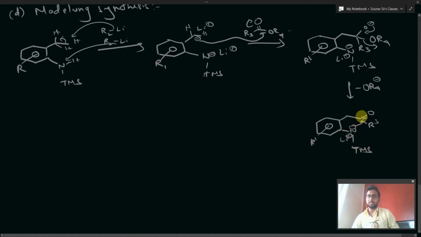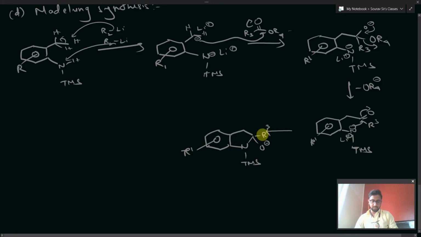This N minus would be attacking over here, this bond will be going up. So we will be having R1, we have TMS obviously, and we have R3 and O minus over here.